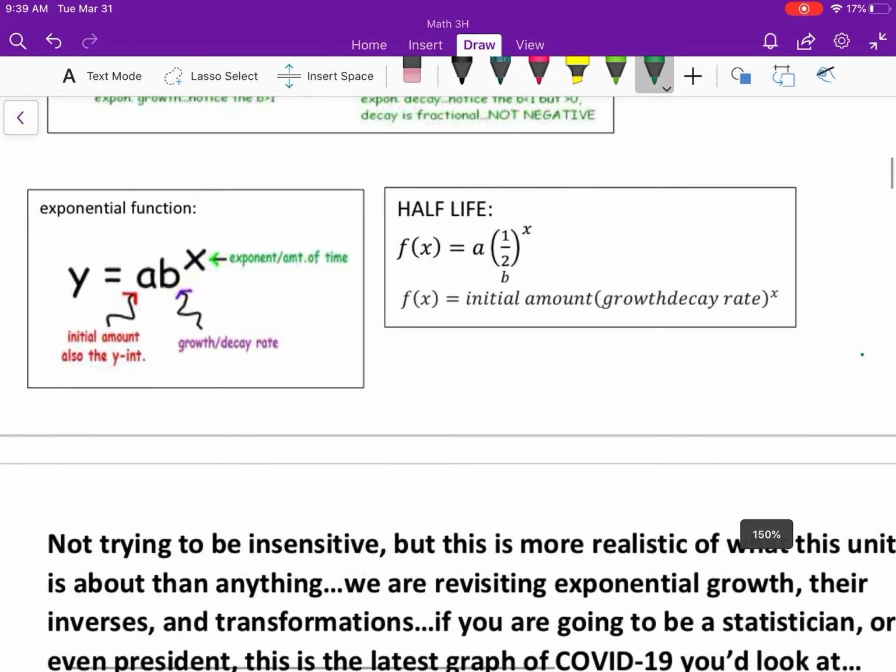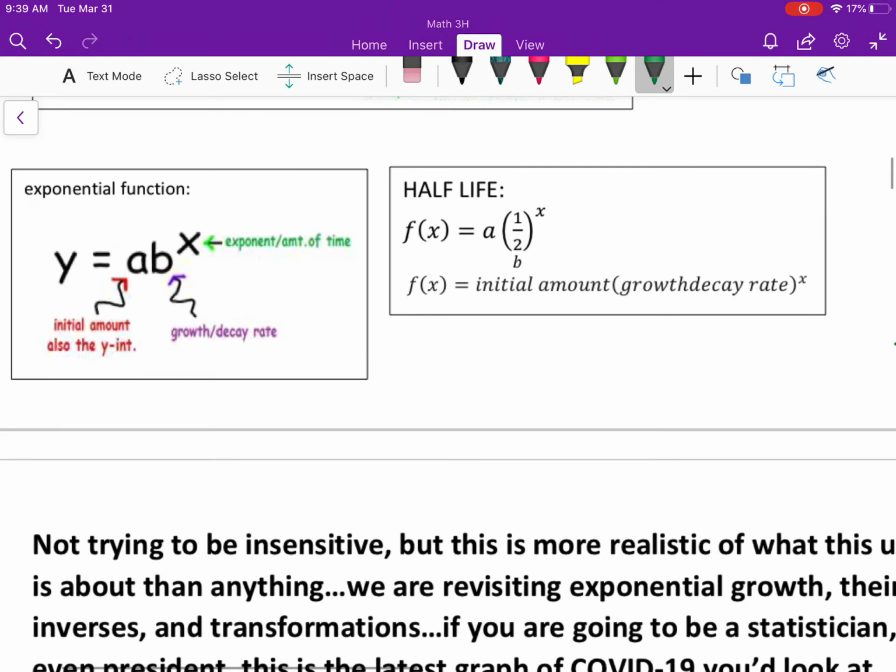What I also decided to do is give you the actual exponential function again, a times b to the x, where a is your initial amount, also your y-intercept, your b is your growth rate, and then x is the exponent or the amount of time. Remember, if you don't see a and b, like in the example up above, it was f of x equals 3 to the x.